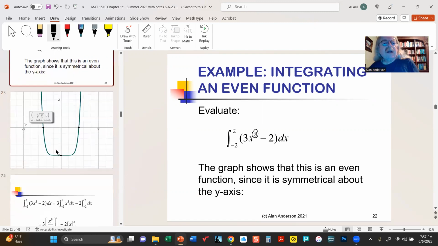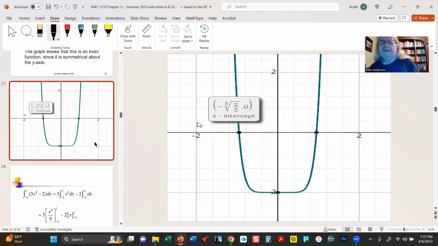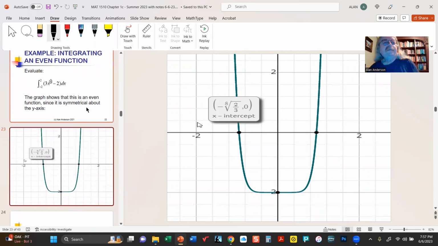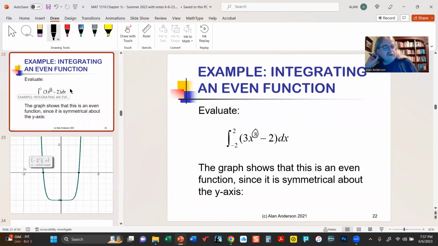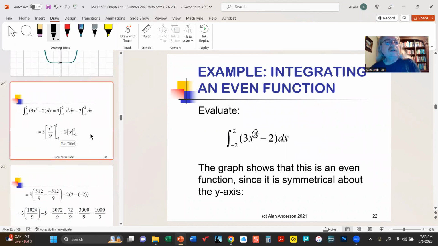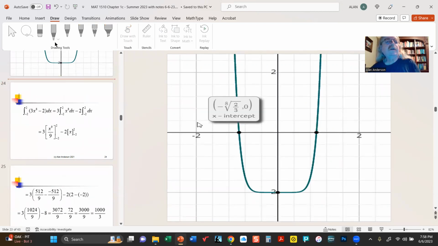Now, if you take this graph, this is what it looks like. Now, it is kind of weird. And this did come from Symbolab, by the way. This is what it actually looks like. And it does have that characteristic symmetry about the vertical axis. And so what that means then is that we can try this technique. First, let's do it the usual way.